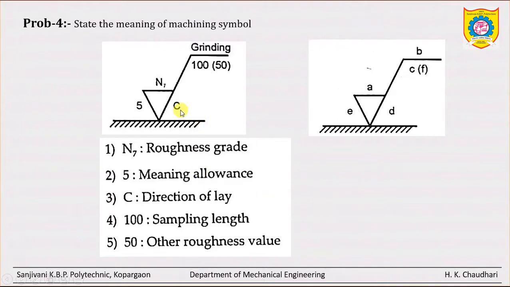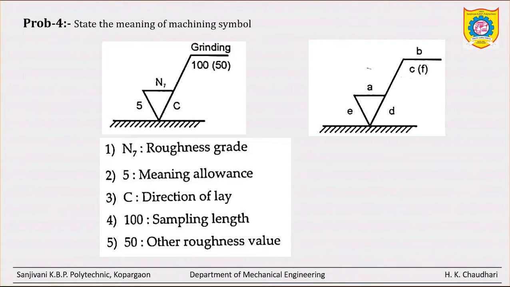So it is circularity. Then what is this 5? Again it is the machining allowance. It is machining allowances. So I think these problems are sufficient.